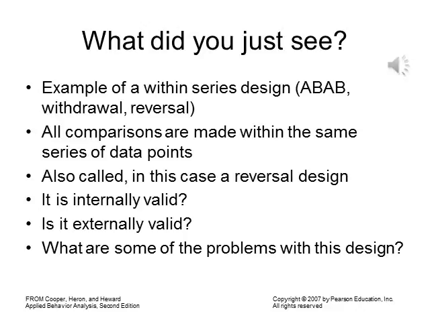In reality, if you're a practitioner, you're unlikely to have a complete design. You're probably going to have a baseline and then treatment or variations of treatment. And you might not take the time to withdraw treatment. In school settings, teachers, for example, might not want to stop doing something that's been effective.